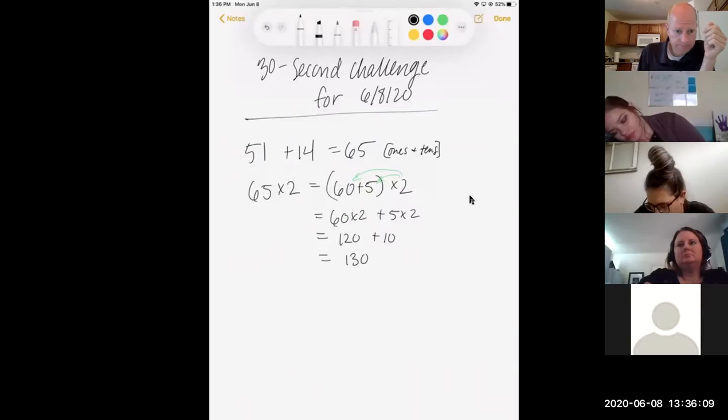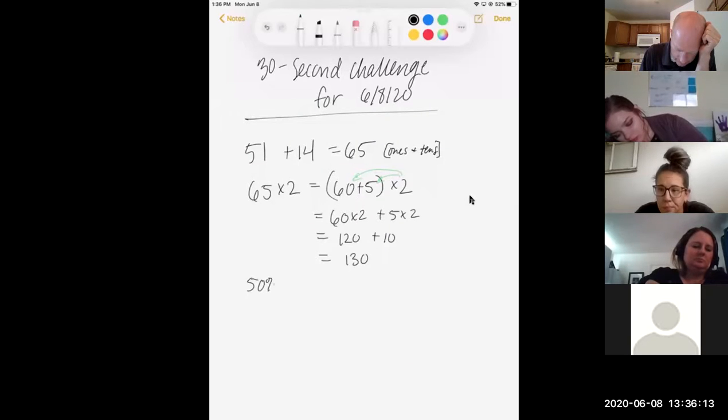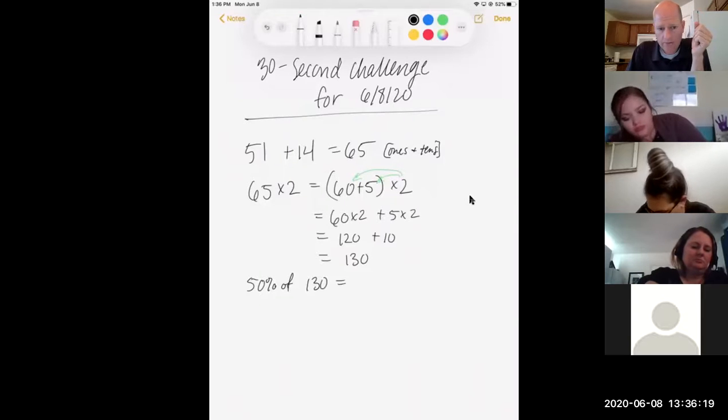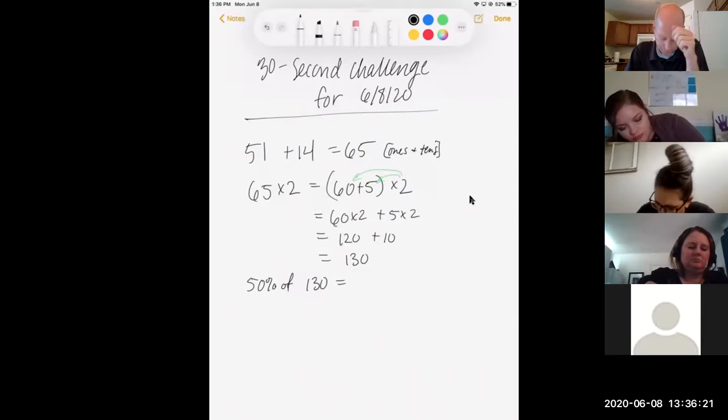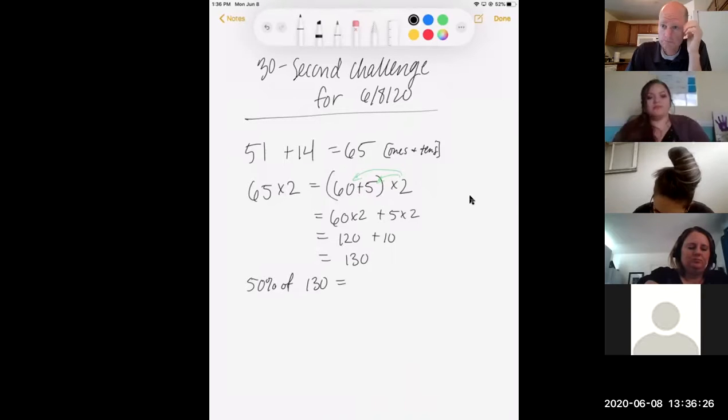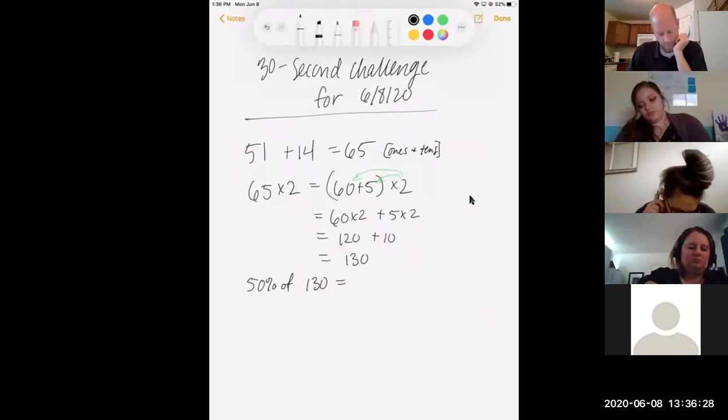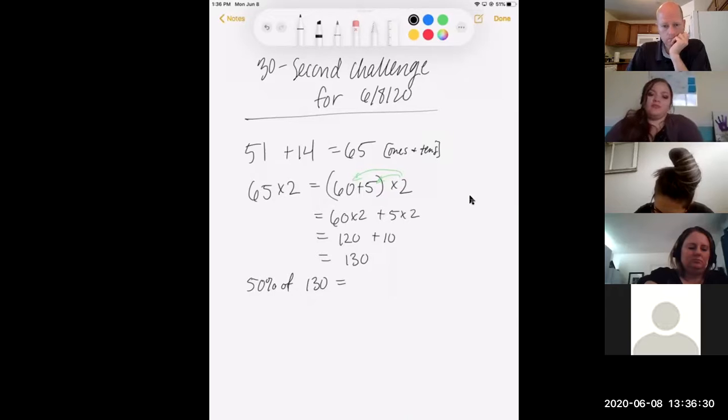Okay, excellent. We're going to take 50% of 130, to practice some percentages here. How do I find 50% of 130? You're going to take half of it. Okay, so that's the same as half of 130.